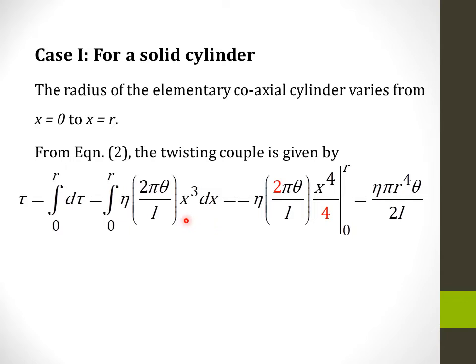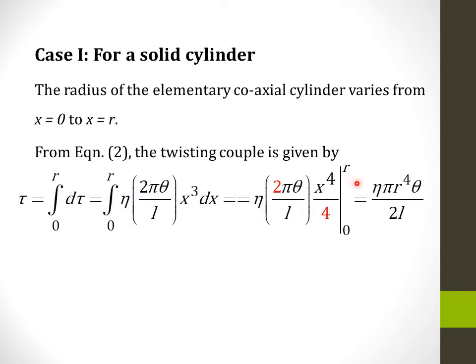Look at this equation carefully. x³ dx alone is the variable, whereas η 2π θ by L is a constant. Therefore, we need to integrate only this x³ dx. On integration, we have x⁴ by 4 with the limits going from 0 right up to r.